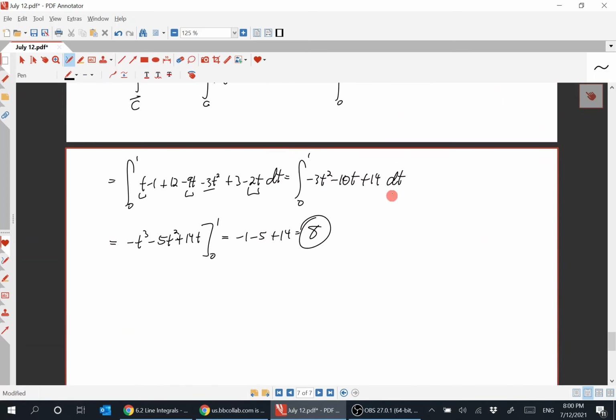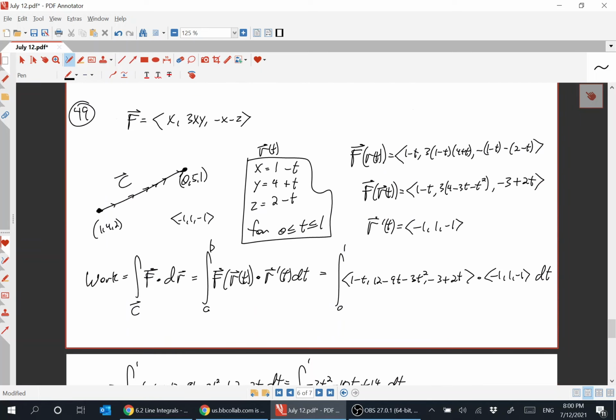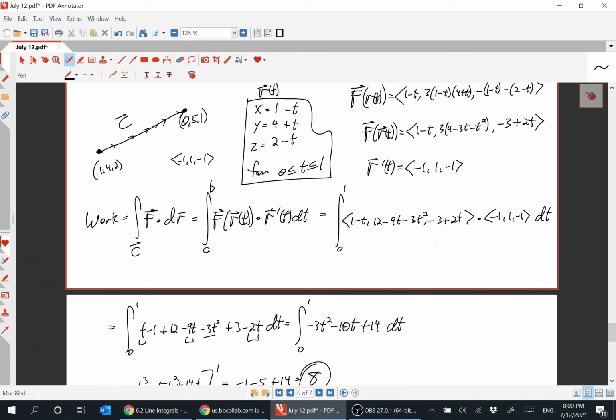What number was this? 49. I have something different here. No, what we have in my notes is wrong. This is correct. Right, f is minus x minus z. Minus x minus z is minus 3 plus 2t. I missed the 2t in this other example that I did.